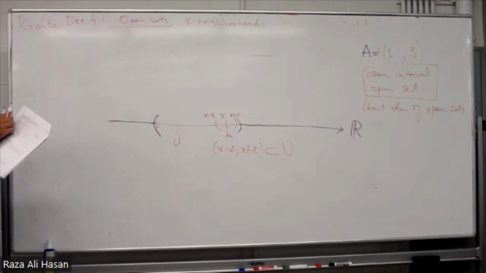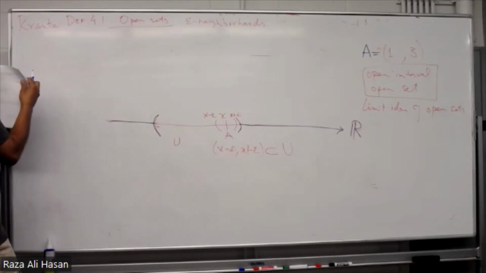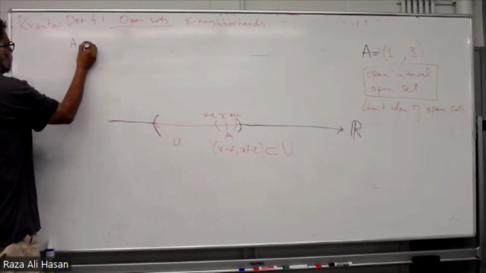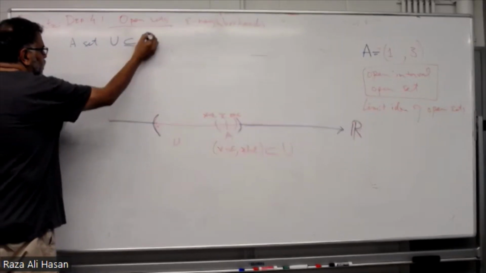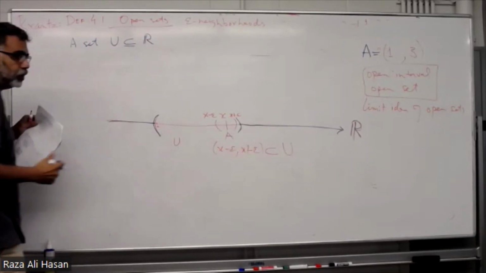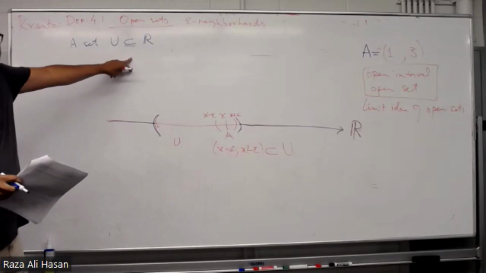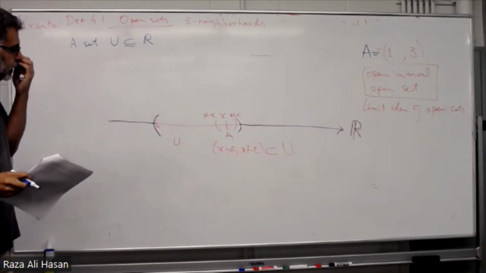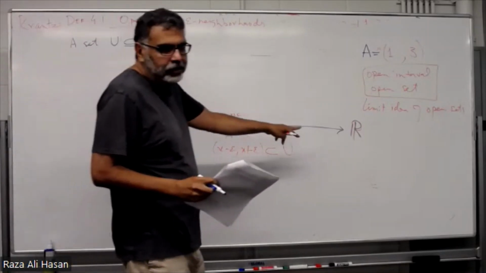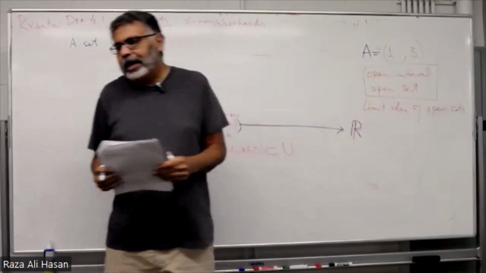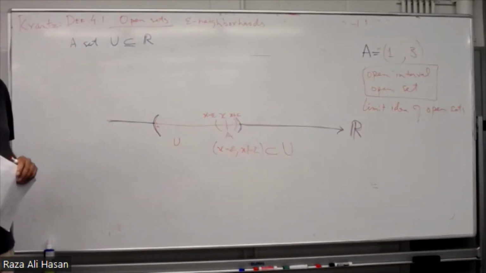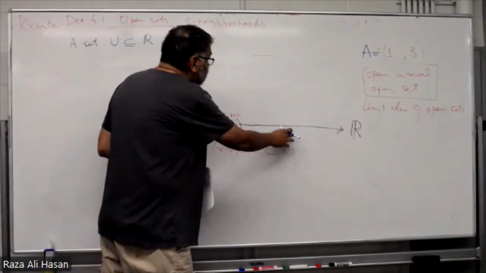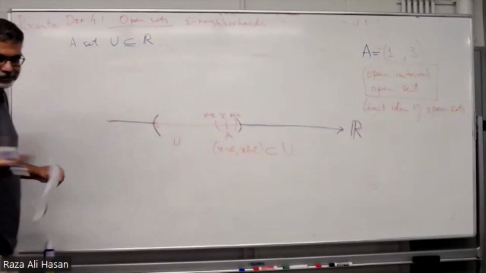So the definition goes: a set U, which is a subset of R or the same as R, because give me any element in R and I can create an epsilon neighborhood around it, which is fully contained in R. Contains means subset.